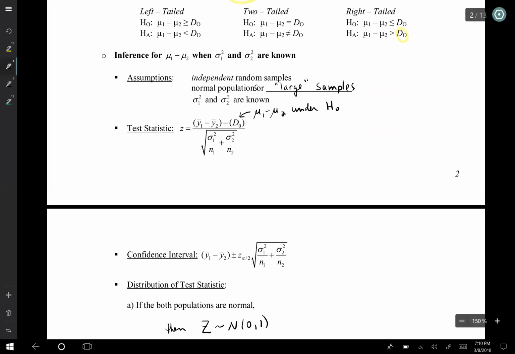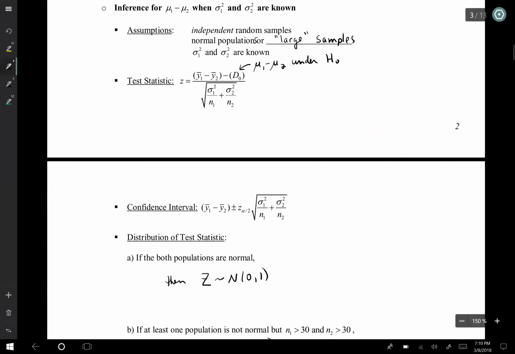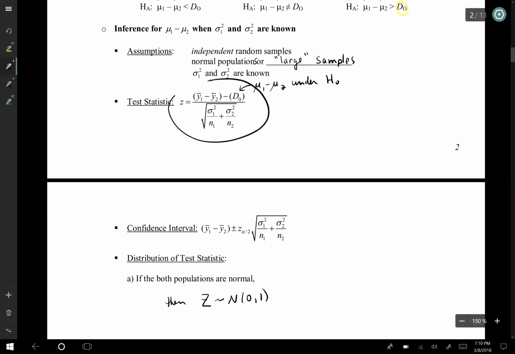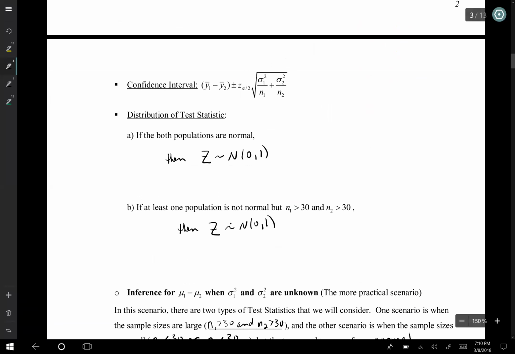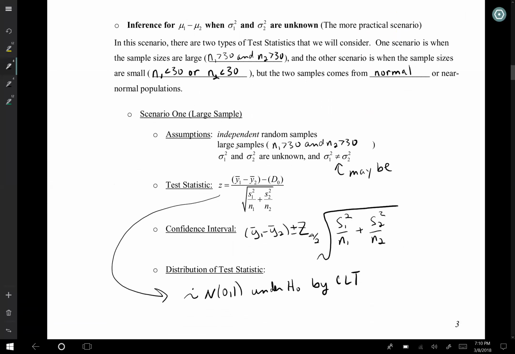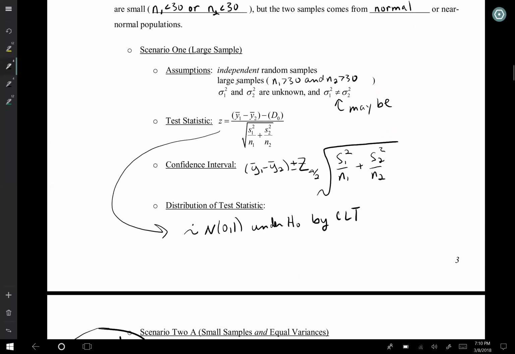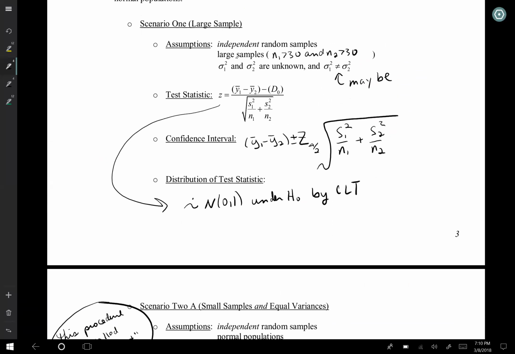The standard deviations of the populations are not known, so this particular thing is kind of not realistic because we're not going to know sigma 1 and sigma 2. But the inference for mu1 minus mu2, or the difference of two means, when the variances are unknown, is the more practical setting. We're not in a large sample setting with this problem.